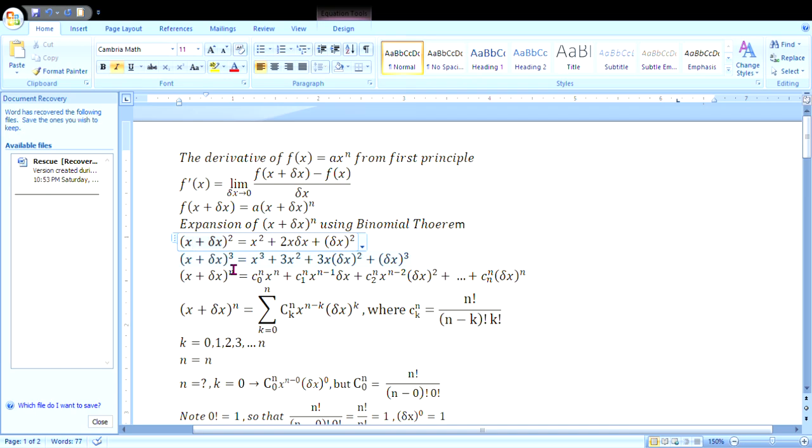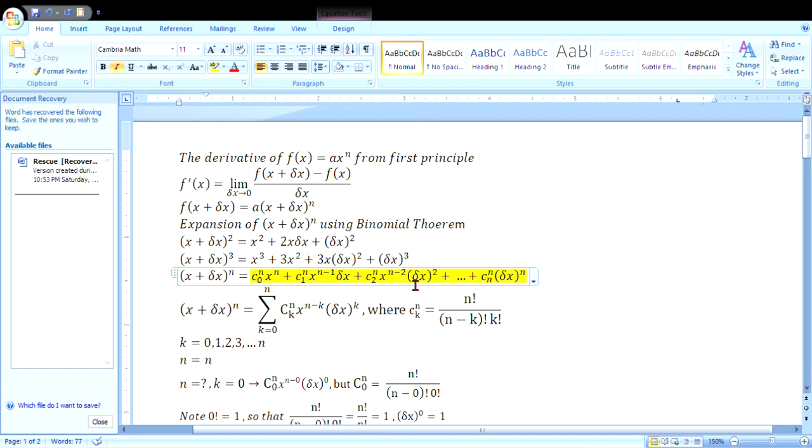Now let's look at the case of x plus delta x raised to the power of n. It will become n combination 0, x raised to power n plus n combination 1, x raised to power n minus 1 delta x. You can see clearly from this expression that the power of delta x is increasing to the right, while that of x is decreasing to the left.